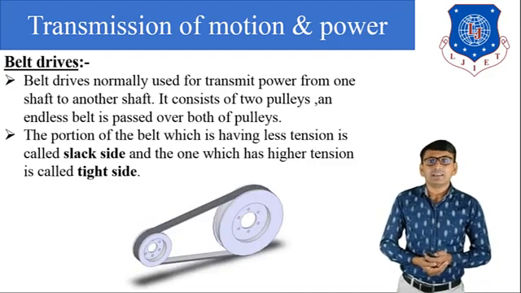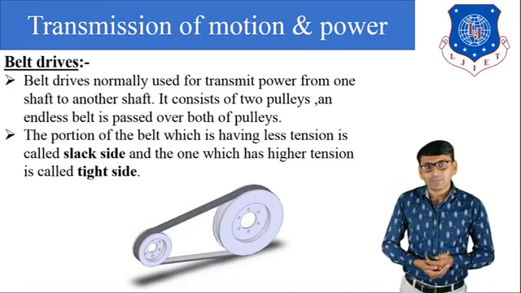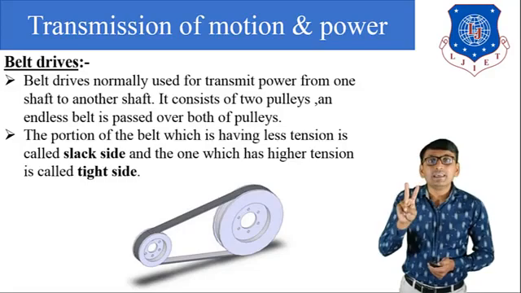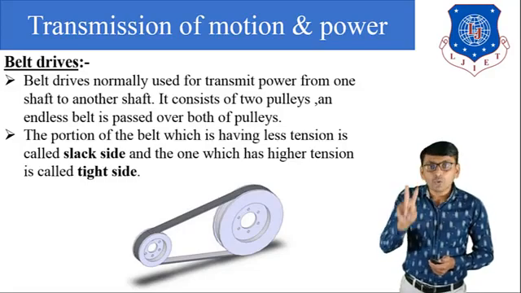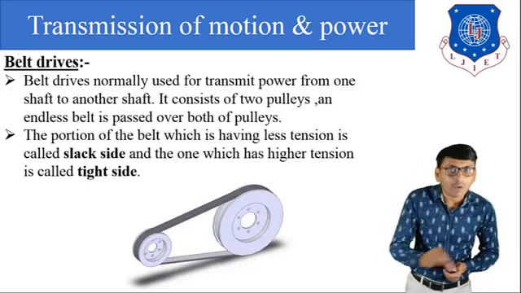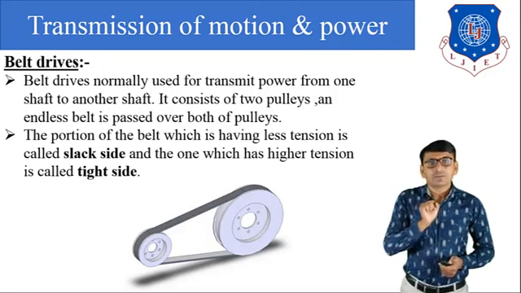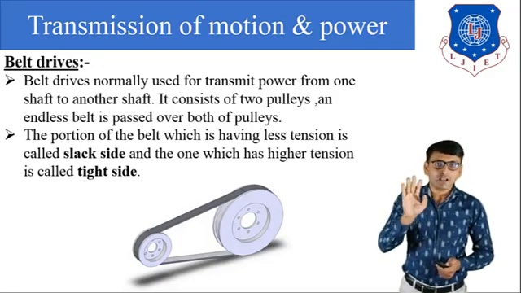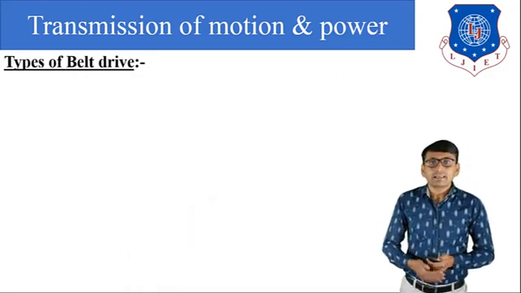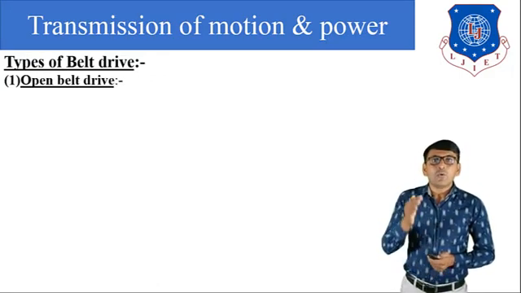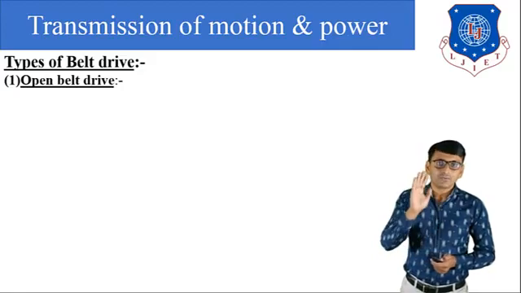So this is normally a belt mechanism in which there are two pulleys, and on the two pulleys a belt is mounted. Now we discuss types of belt drive. First one, open belt drive.